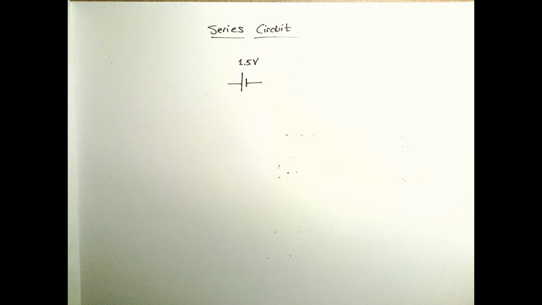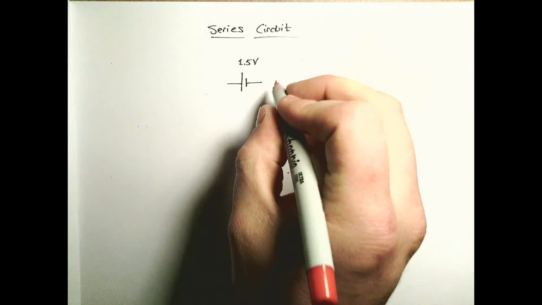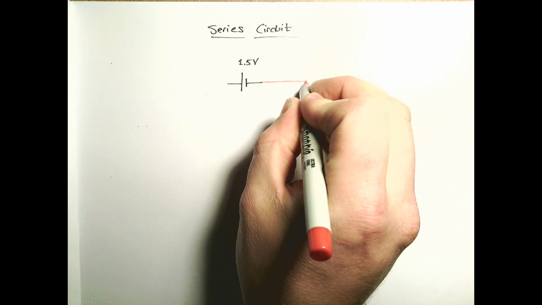We did have motors, but we're not going to get into the symbols for those. Right now we're basically just working with incandescent light bulbs, also known as lamps, batteries, and switches. Now I'm going to switch colors and draw all my wires in red.